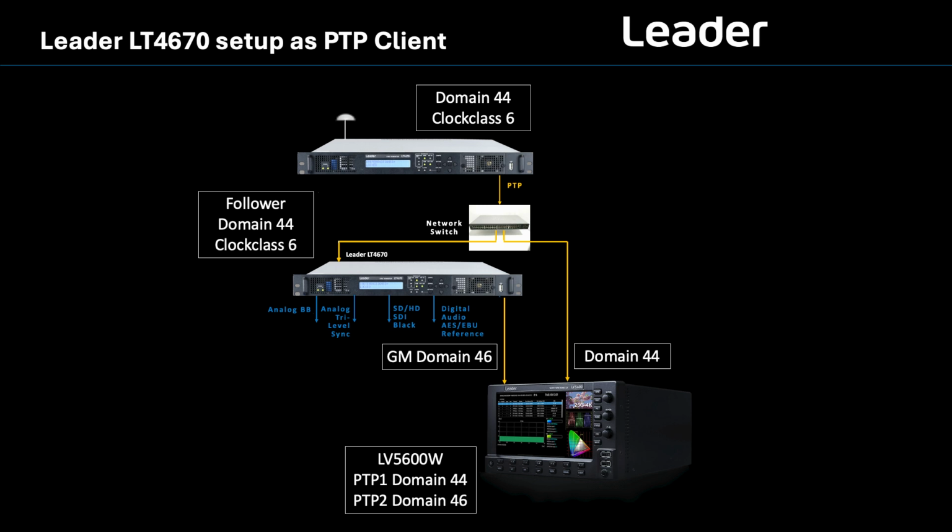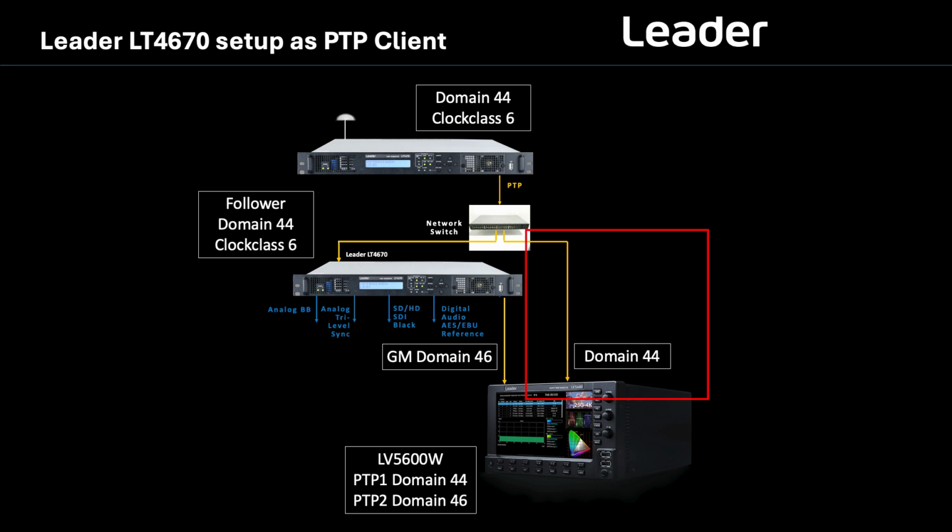We are going to take a look at the 4670 being used as a PTP follower and how close to the originating PTP the timing is on its output. Here is a quick, simple drawing of what is going on. I have a grandmaster putting out domain 44 going to a PTP distribution switch.